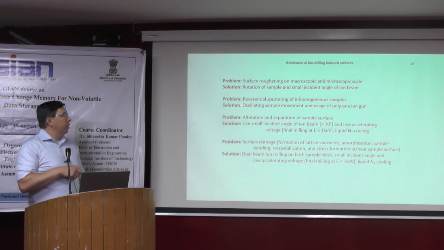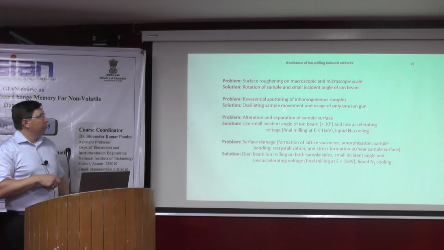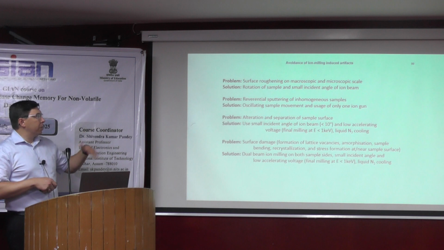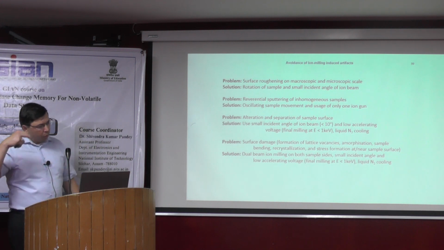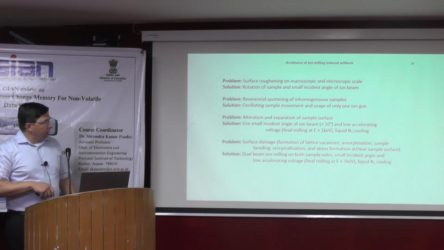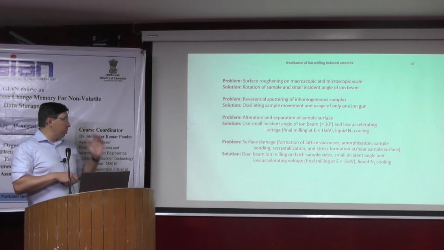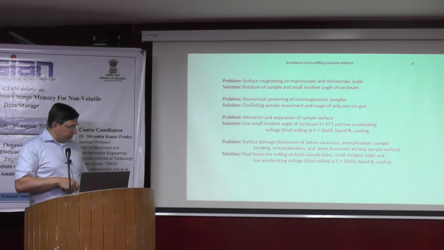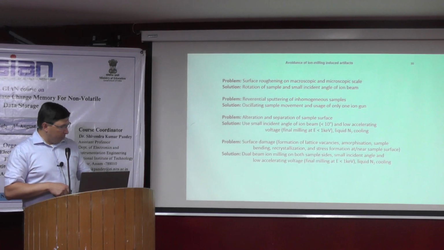Then for preferential sputtering of inhomogeneous samples, again you might use oscillating sample movement and only one ion gun, so only from one side. For alteration and separation problems of the sample surface, again you can use a small incident angle of the ion beam and low accelerating voltage, and sometimes liquid nitrogen cooling can help a lot.